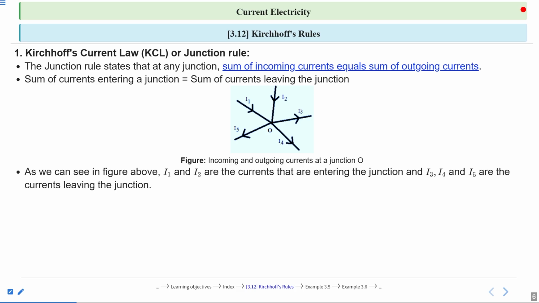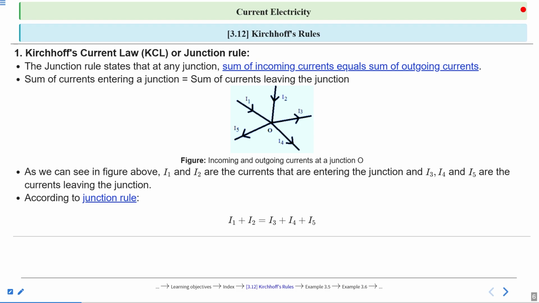As we can see in the figure above, I1 and I2 are the currents entering the junction, and I3, I4 and I5 are the currents leaving the junction. According to the junction rule, I1 plus I2 equals I3 plus I4 plus I5.